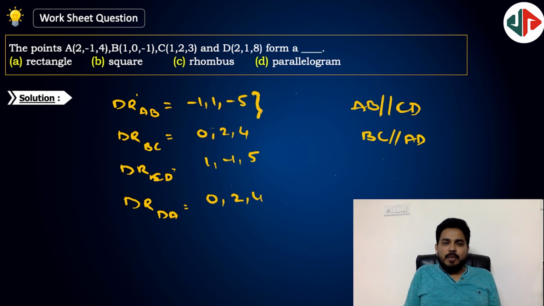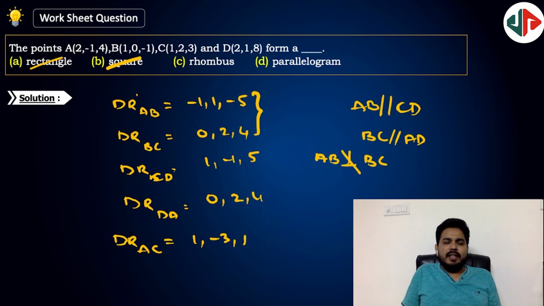Now what is this dot product? 0, 2. So AB is not perpendicular to BC. So square and rectangle are ruled out. DRs of AC: 1 minus 1, minus 2 minus 3, 1.